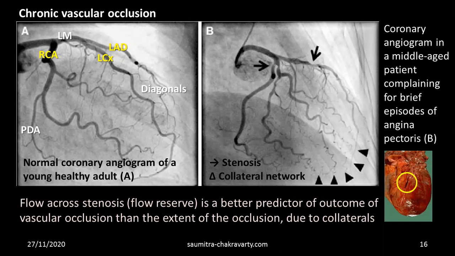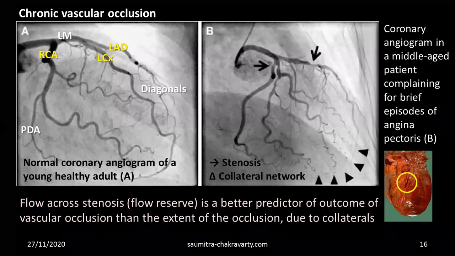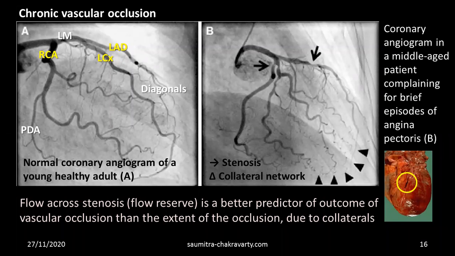These are denoted by these structures. Why are they like that? Well, because the heart has not grown considerably, but the vasculature has. Suppose you have a string, and you have to put the string in a very small box, what will happen?